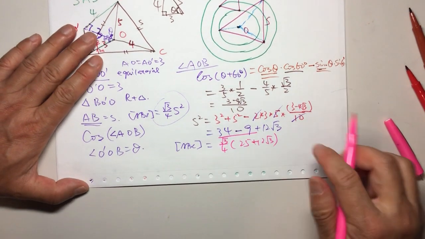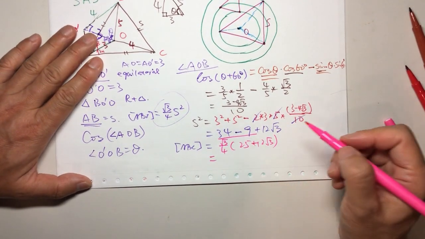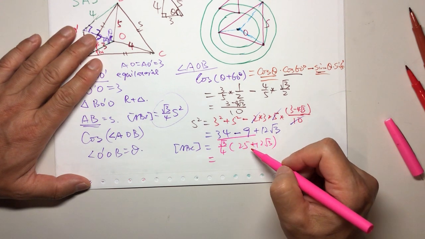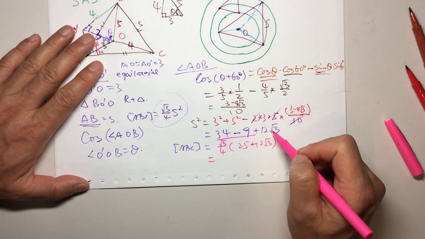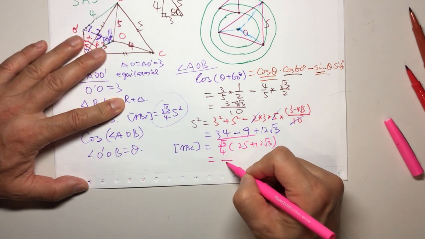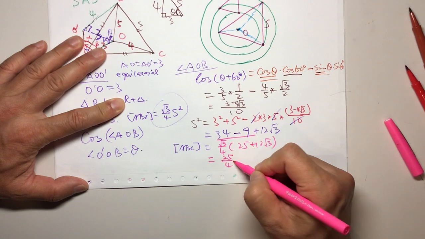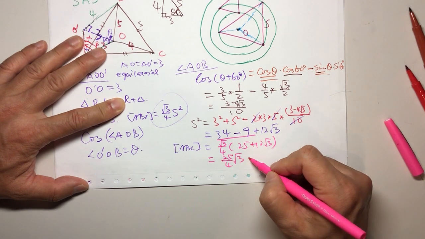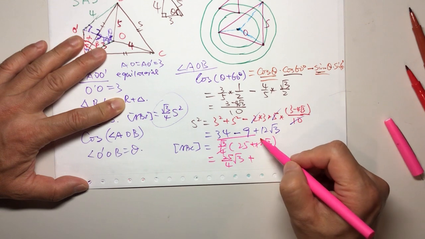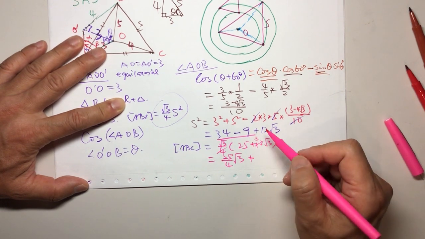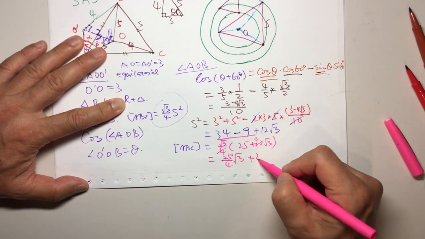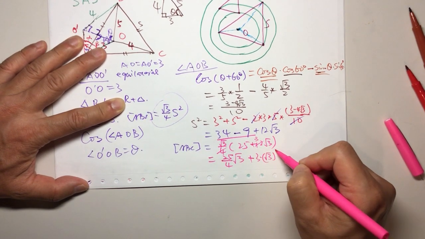What we want to know is the area of ABC, which equals root 3 over 4 times 25 plus 12 square root of 3. So it will be 25 square root of 3 over 4, plus 12 times 3 over 4, which is 9.